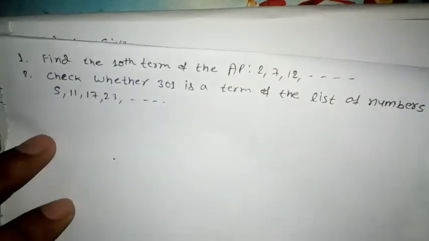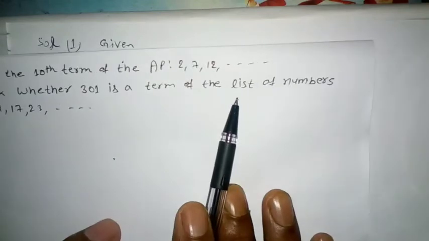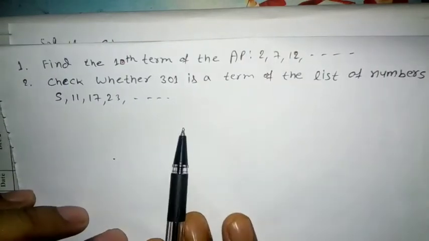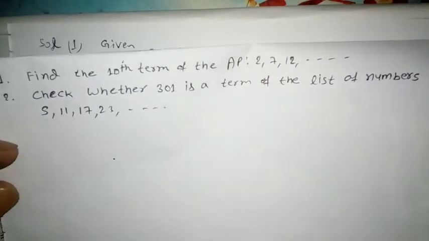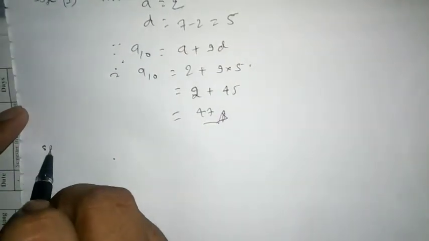The second question: check whether 301 is a term of the list of numbers 5, 11, 17, 23. Solution 2.